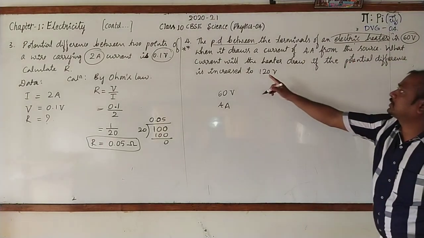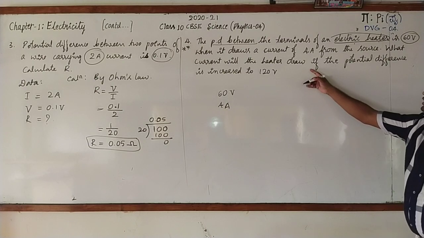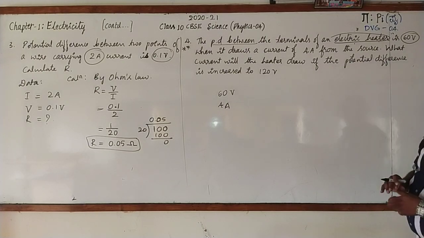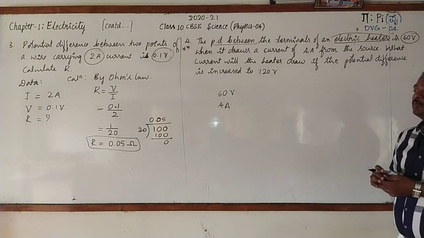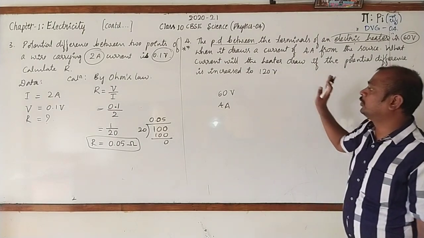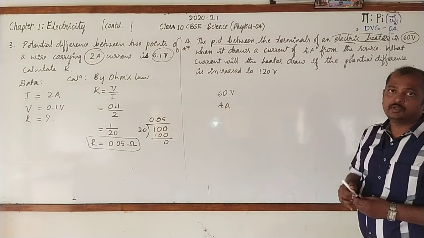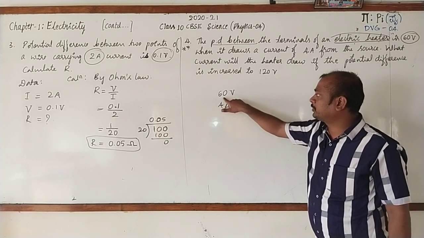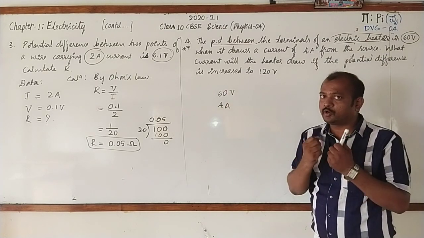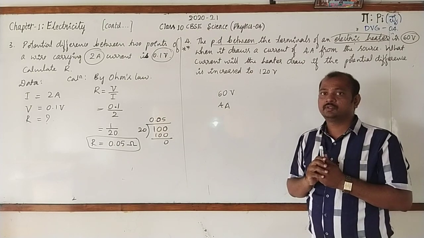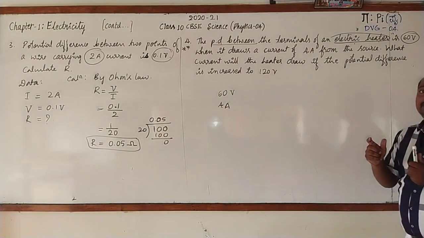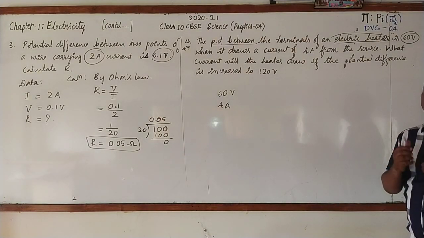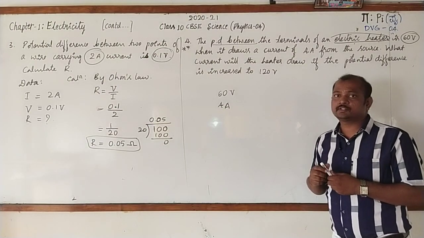What current will the heater draw if the potential difference is increased to 120 volt? Understood? When the heater is connected in the circuit with a potential difference of 60 volt, it will draw a current of 4 amps. If it is connected in 120 volt, how much current can it draw? That is going to be found out.